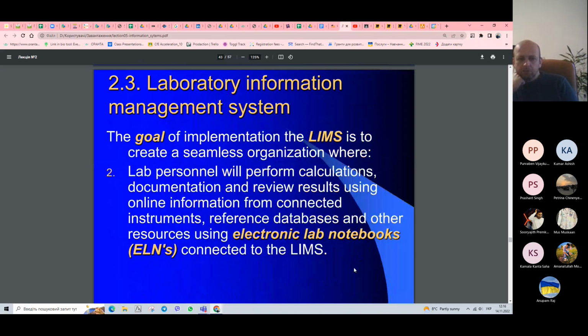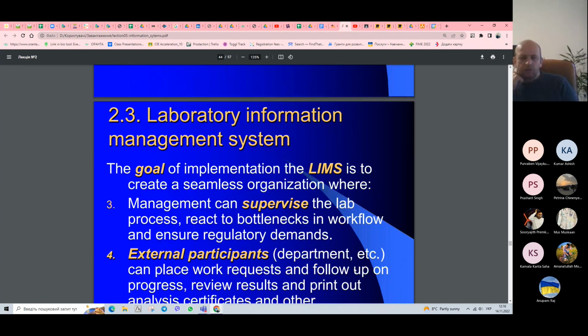Laboratory information system management. The goal of implementation is to create a seamless organization where lab personnel will perform calculations, documentation, and review results using online information from connected instruments, reference databases, and other resources, using an electronic lab notebook connected to the laboratory information system.